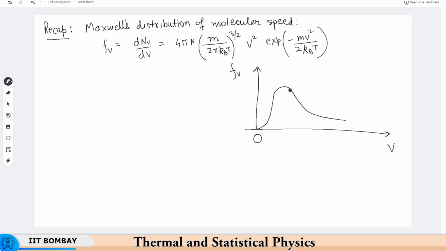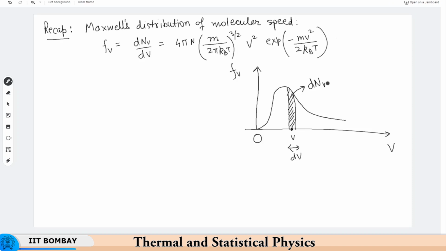One way to do that is just to make a small slice of this plot and calculate the area under this part of the curve, and that will tell you how many molecules are moving with speed v within a window dv. So, this number basically is d n_v. Okay. So, this is what we saw in the last class.